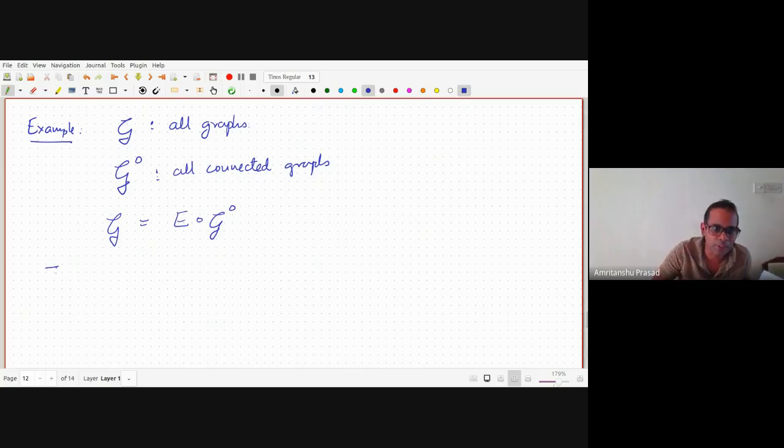So in fact, in general, if F is equal to E circle F naught, then the elements of F naught are called connected components of the F structure.